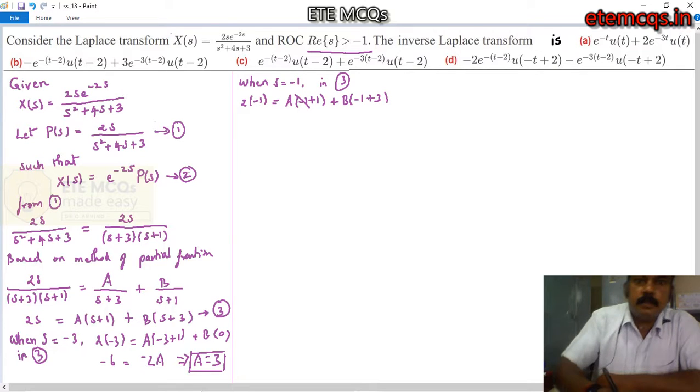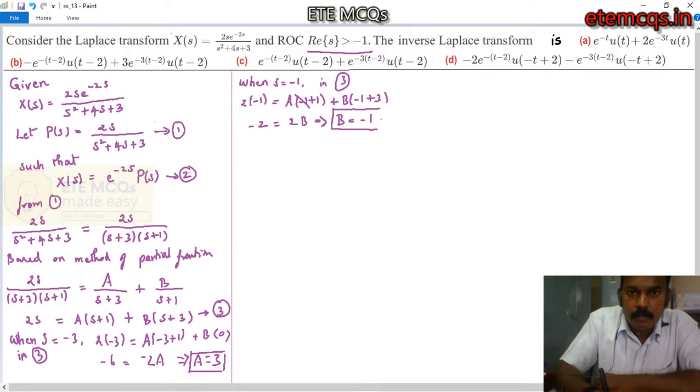So this becomes A into 0. Finally we have minus 2 equal to 2B, which implies B is equal to minus 1.